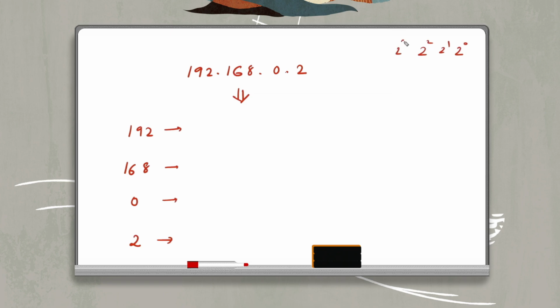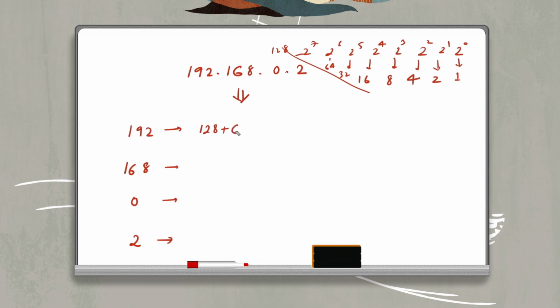Again, you have to do the mental calculation. Just to illustrate, I'm writing it one more time. This is 1, 2, 4, 8, 16, 32, 64, and 128. Now, how will you make 192? If you add 128 plus 64, this will make 192.